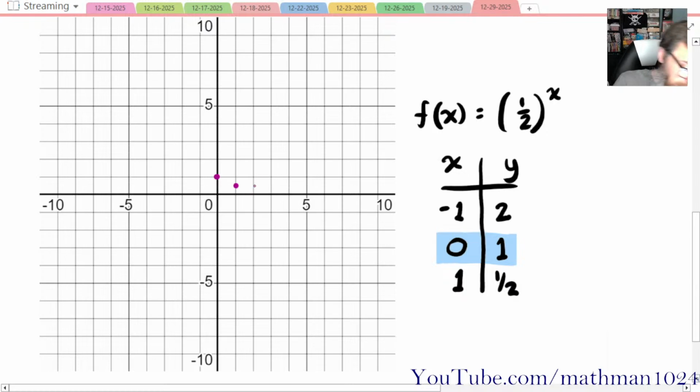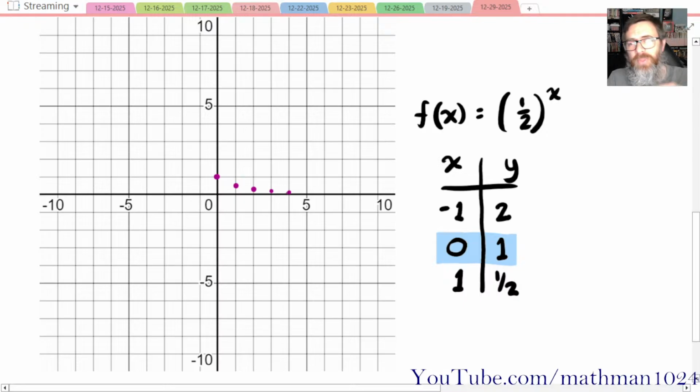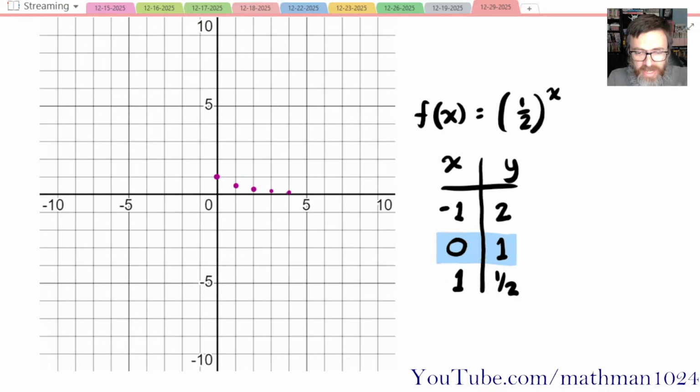I do 1/2 times 1/2, I get 1/4, and so on and so on. So I'm getting smaller as I go to the right because my base is between 0 and 1. So this would describe something that is what we call exponential decay, where you are left with half of your previous amount each time.